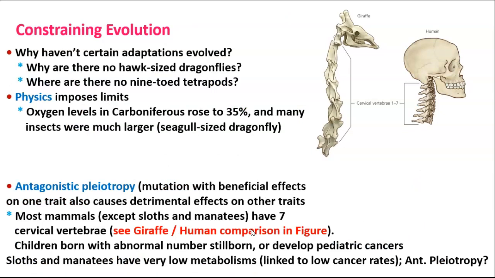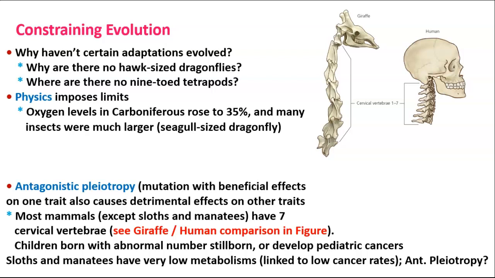So now let's switch to the topic, a brief topic here in our chapter, of constraining evolution. That is, there are some adaptations that we might conceive of, but they haven't evolved. They don't exist. It seems reasonable to think that they might, but they don't. So why haven't certain adaptations evolved?